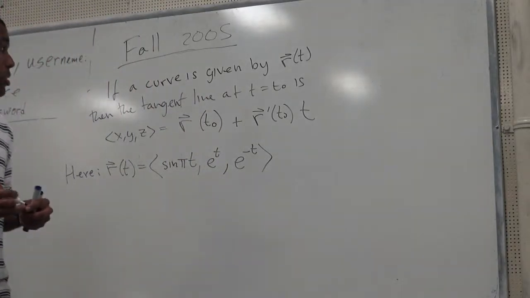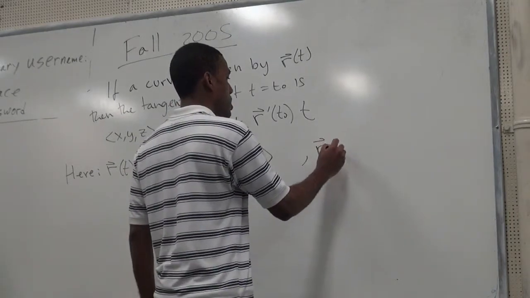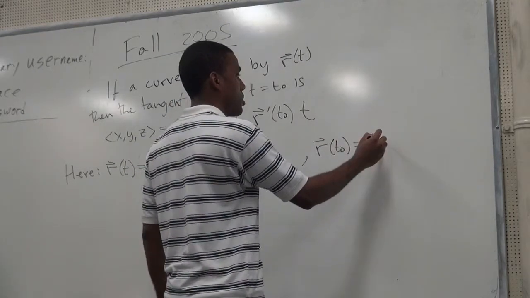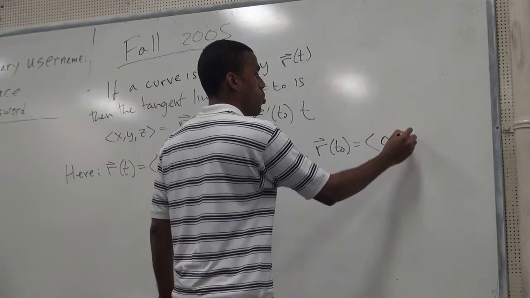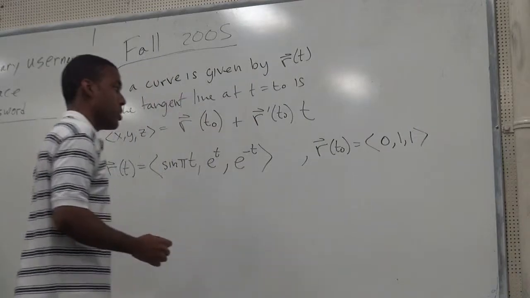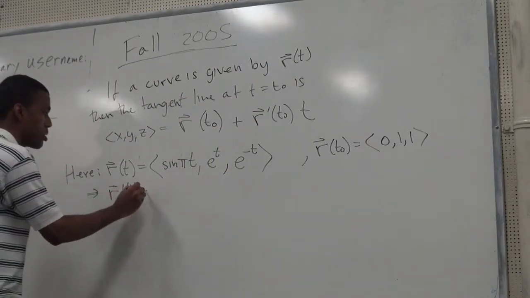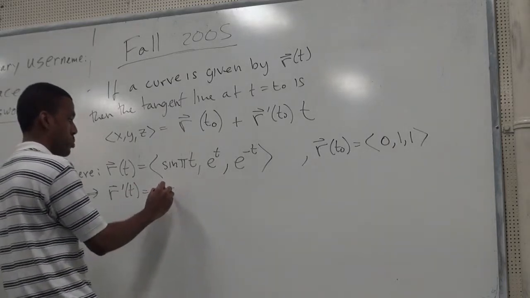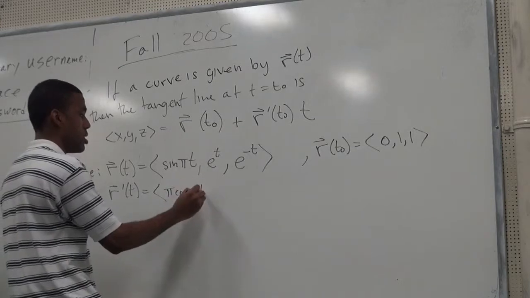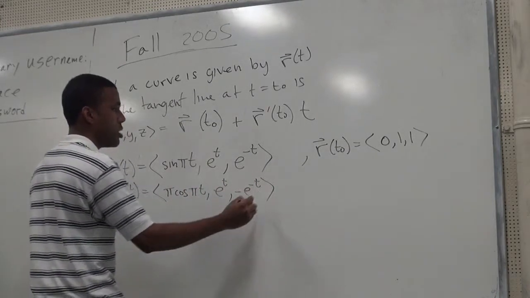And we know that r of t0 is the point 0, 1, 1. So this implies that our r prime of t is equal to pi cosine pi t, e to the t, minus e to the minus t.